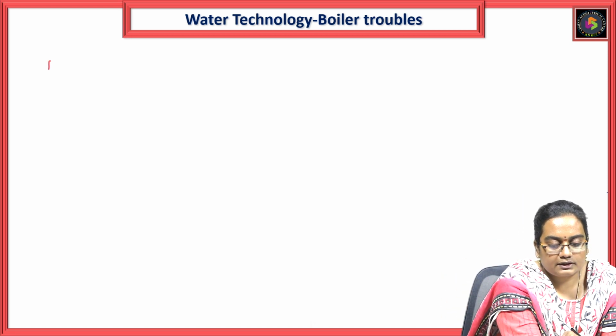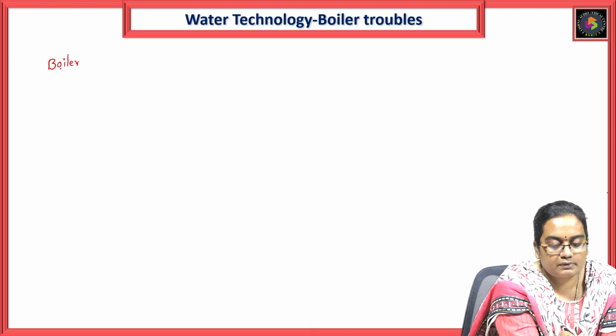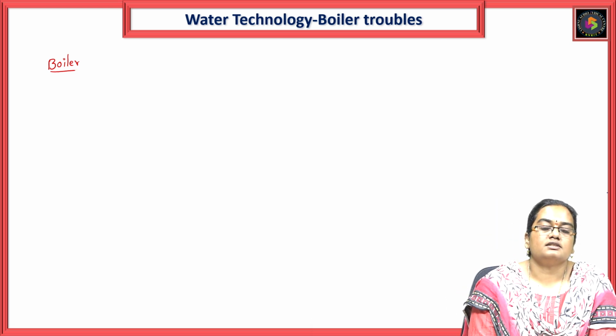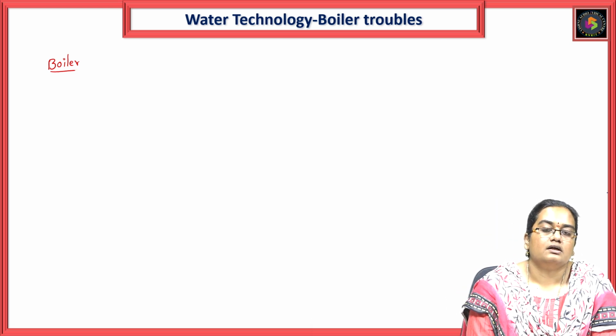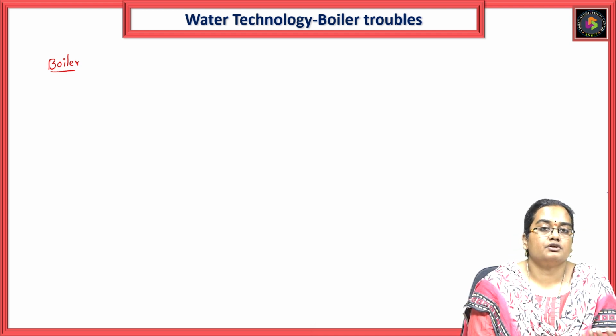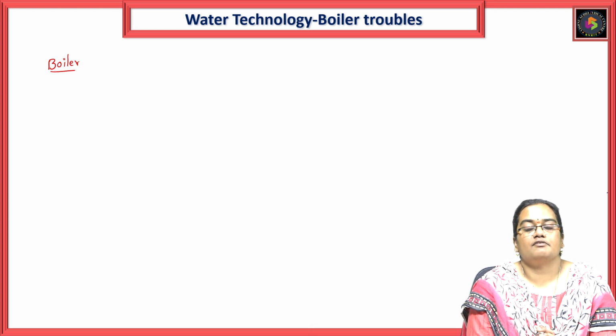Before entering into boiler troubles, let me explain what a boiler is. Generally we know that boilers and layers are hens. The hen which lays eggs is known as a layer, and the hen which is used for chicken purposes is known as a boiler. But this boiler is entirely different.